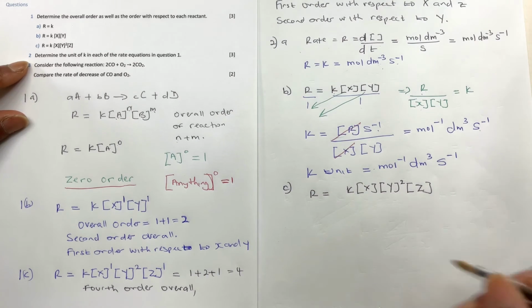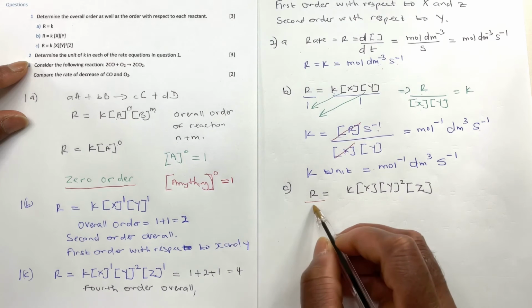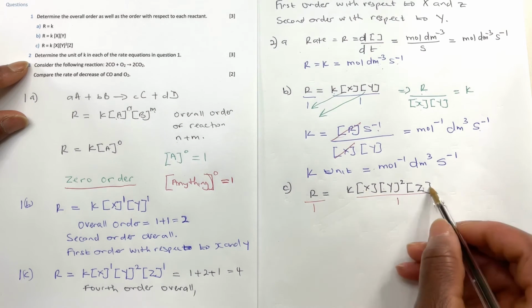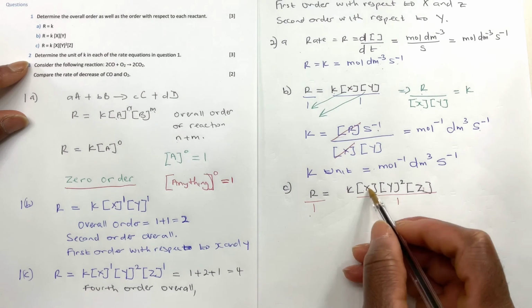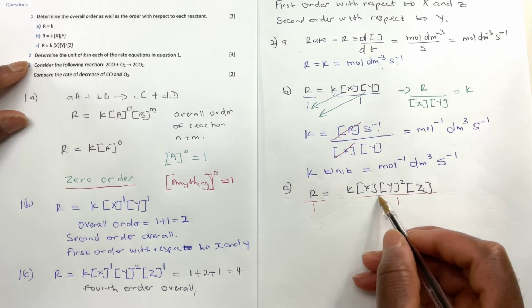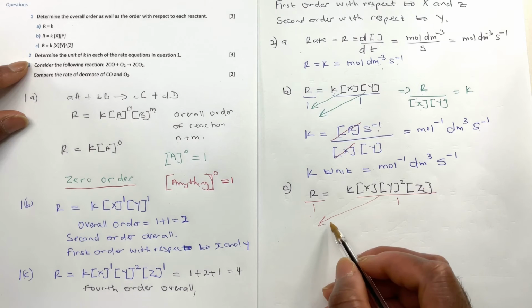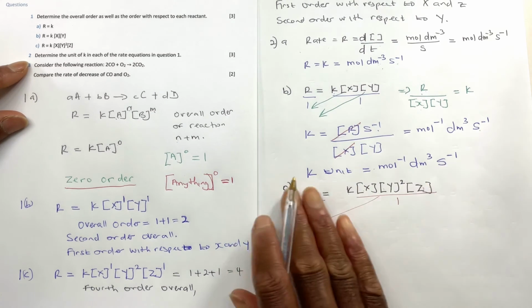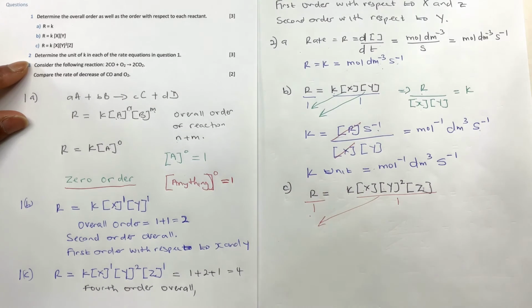As you can see, we want to make K the subject. That's over 1. Well, just bring these three down here, all three of them together. And that will leave K on its own because there are no plus or minuses here, and there's an equal sign between them.